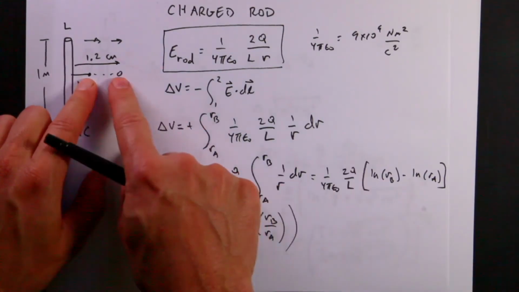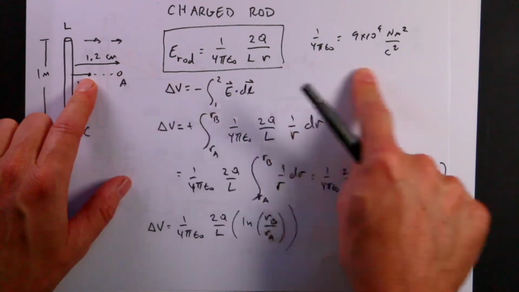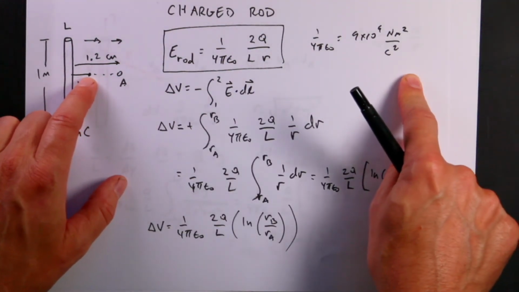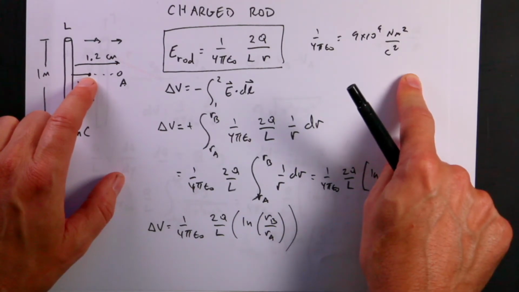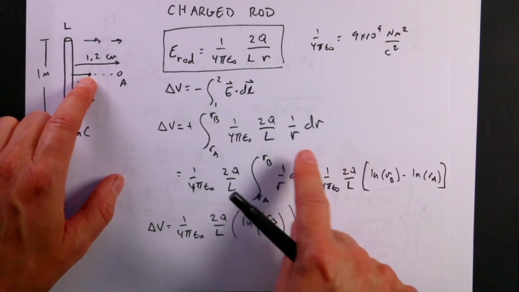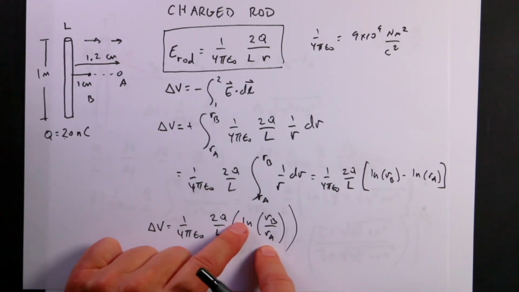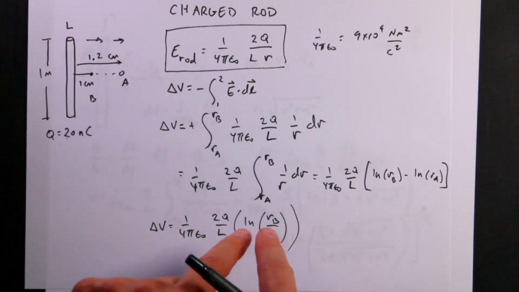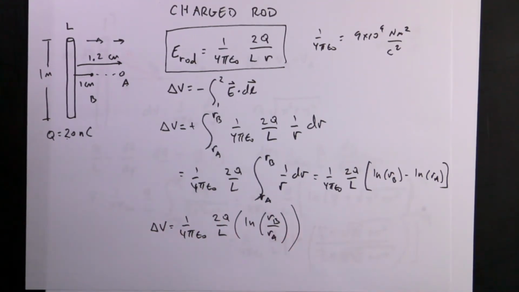Then it'd be the same thing as taking this point A and moving it to infinity, and then I get the potential with respect to infinity. But if I do that, then as RA goes to infinity, I have the natural log of RB over RA. That blows up. That doesn't work. I can't do that. So why can I not do this and get the same potential? I'm letting you think about that for a second.